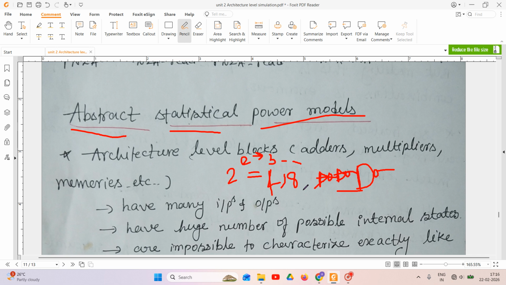In architectural analysis we can easily determine power using power models. In the architecture level we take some decisions before the power estimation, such as how many ALUs are required, whether memory is required or not, and whether it is serial or parallel processing.